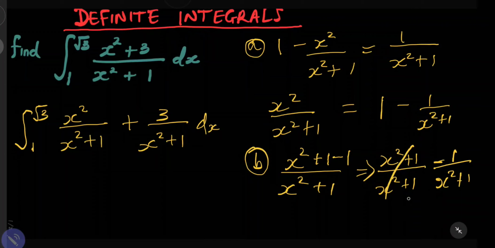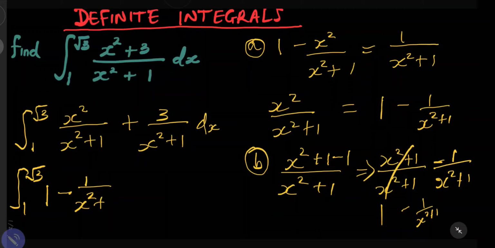So you can cancel this, it gives you 1. So you have 1 minus 1 over x squared plus 1. So you see that this expression and this expression are the same. So to further rewrite this, in place of this we use this expression: 1 minus 1 over x squared plus 1 plus 3 over x squared plus 1 dx.